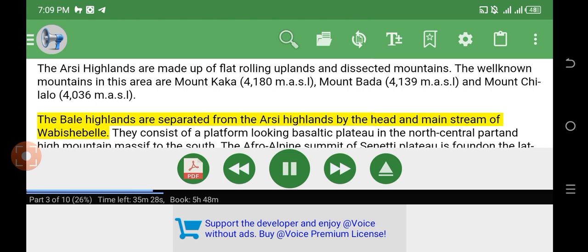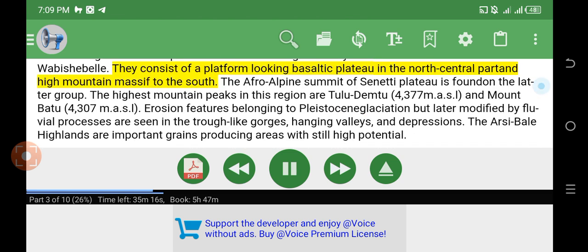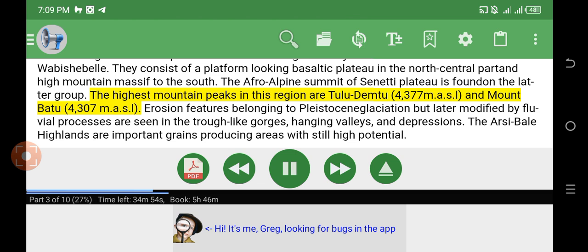They consist of a platform-looking basaltic plateau in the north-central part and high mountain massif to the south. The Afro-Alpine summit of Sanetti Plateau is found on the latter group. The highest mountain peaks in this region are Tulu Dimtu, 4,377 meters A.S.L. and Mount Batu, 4,307 meters A.S.L.